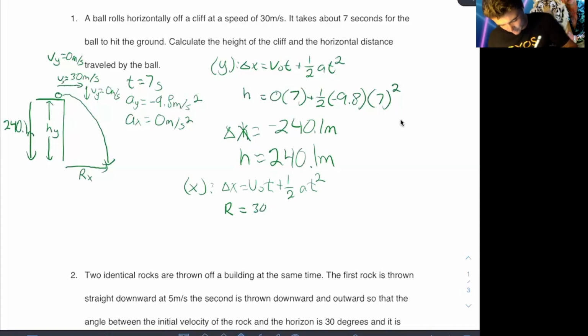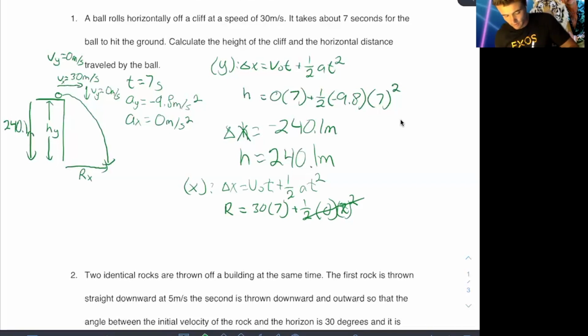I leave out the units just because it takes up a lot of room to write the units, but it's good to write the units, you know, just because canceling out the units will help you out sometimes. Okay, so this whole side of the equation is going to be 0. Sorry, that was supposed to be 7 seconds right here. That's going to be 0, right? 0 times anything is 0. And then 30 times 7.